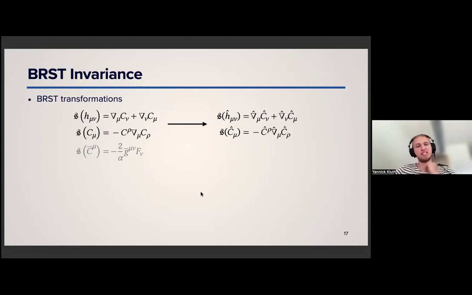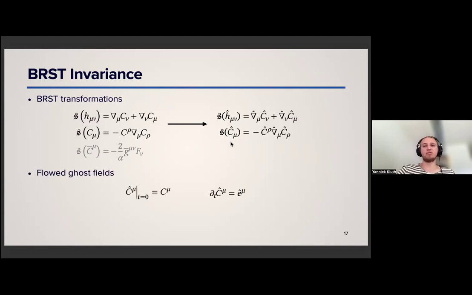What's important to note is that in principle at vanishing flow time we also have an anti-ghost field. But the BRST transformation of it only depends on other fields that we only have at vanishing flow time. Therefore, we do not actually need an anti-ghost field at finite flow time, so we do not need to include a BRST transformation for this.